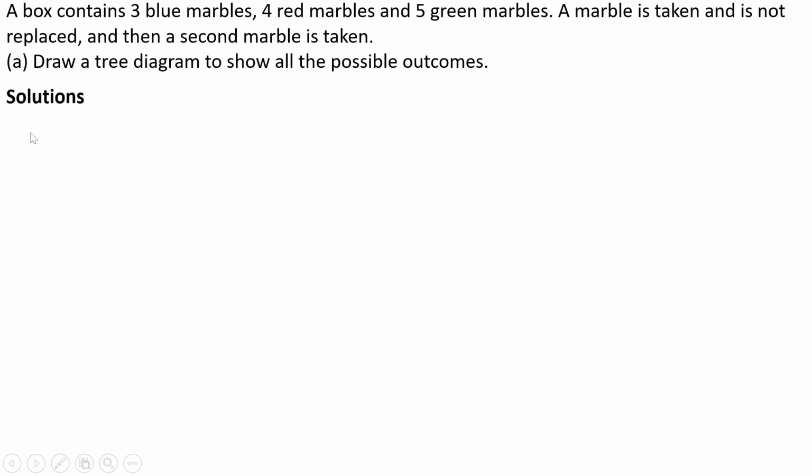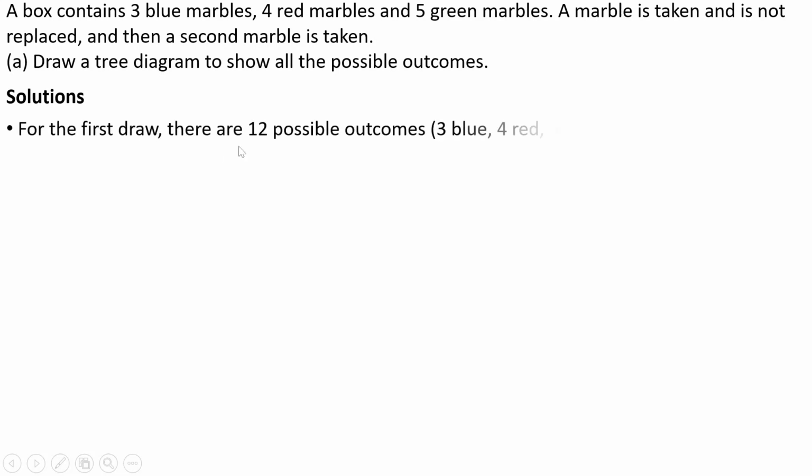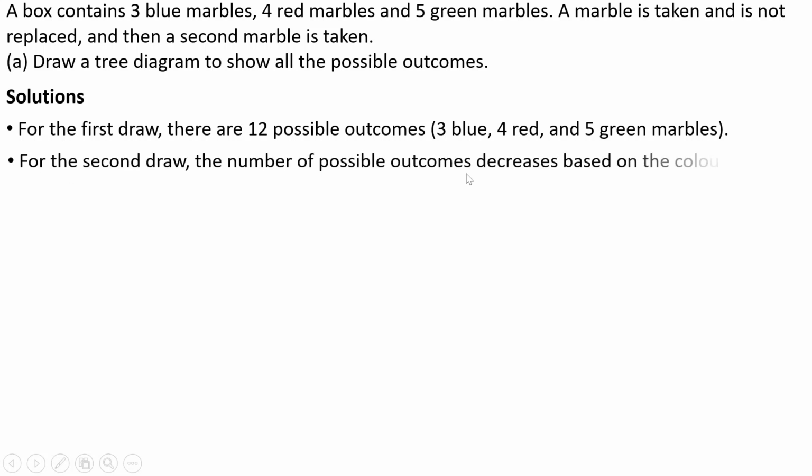Solutions. What you should understand here is that for the first draw, there are 12 possible outcomes: 3 blue, 4 red, and 5 green marbles. For the second draw, the number of possible outcomes decreases based on the color of the first marble drawn.